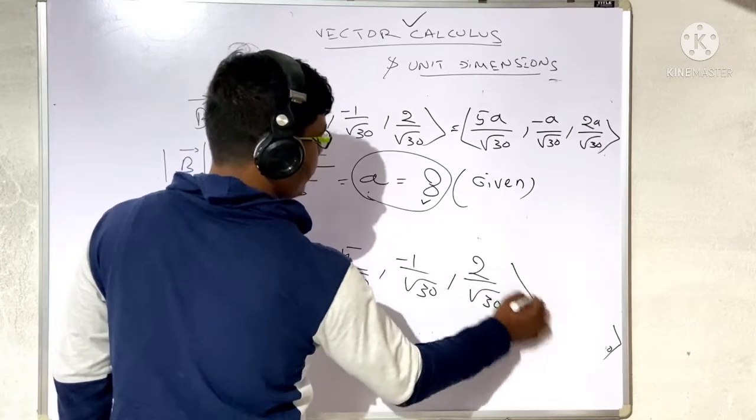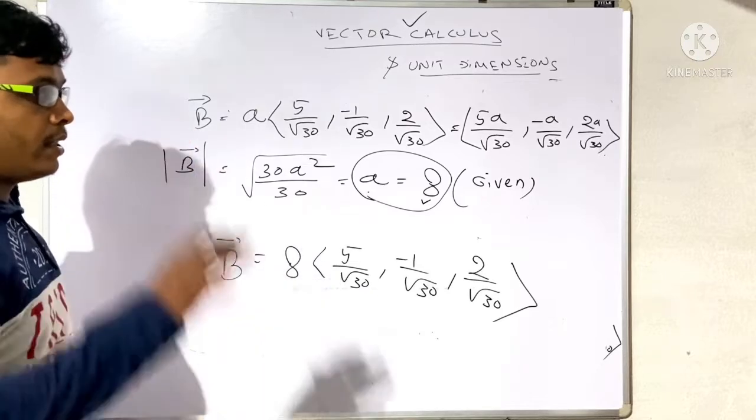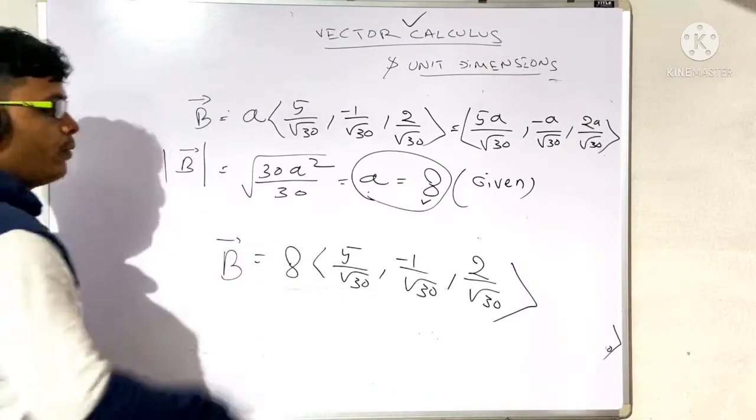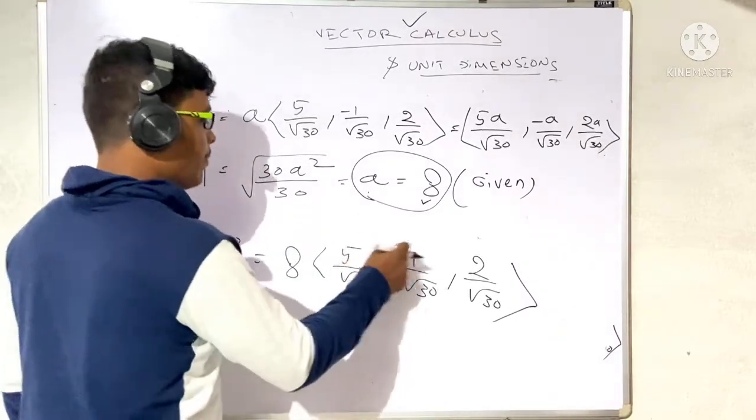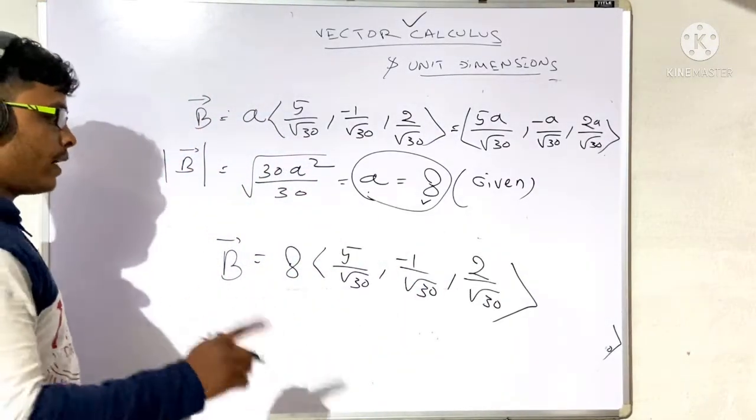So the question gives: find a vector that has the same direction as another vector 5 minus 1 2, but should have magnitude 8.